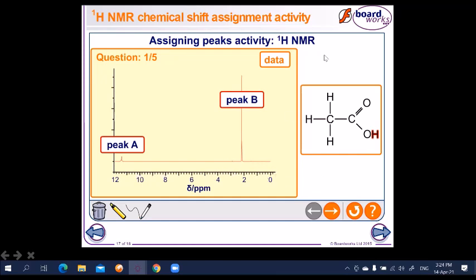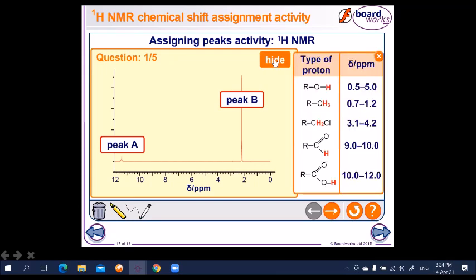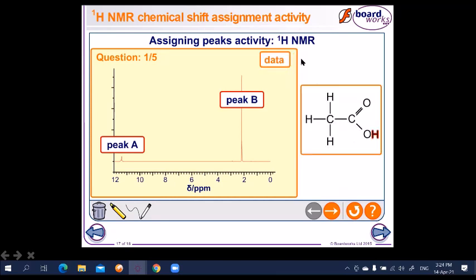With what I've shown you earlier in the other part of our video on NMR, you should be able to do this now. And yes, you could look at your data values from your IB data booklet, but technically you can avoid it if you can. Because why? We're going to use common sense here.